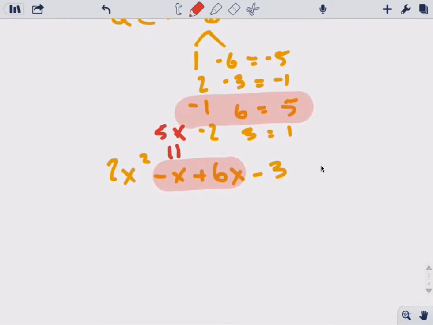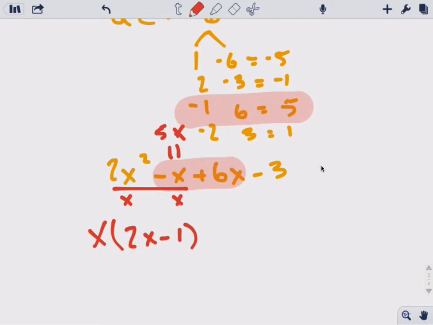Now we look at both of these. 2x squared minus x: the GCF is an x. Divide x into both things, and I'm left with 2x minus 1. X divided by x is 1.